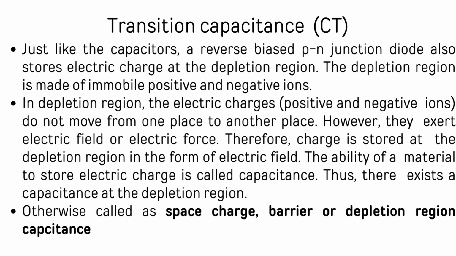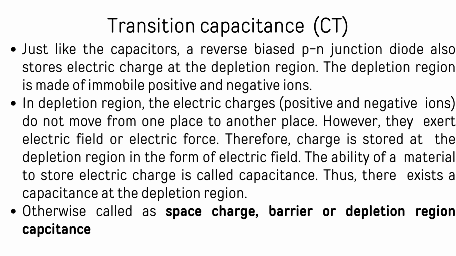Transition capacitance. Just like capacitors, a reverse biased PN junction diode also stores electric charge at the depletion region. The depletion region is made up of immobile positive and negative ions. In the depletion region, the electric charges do not move from one place to another.